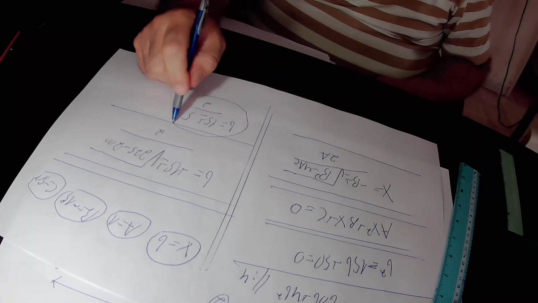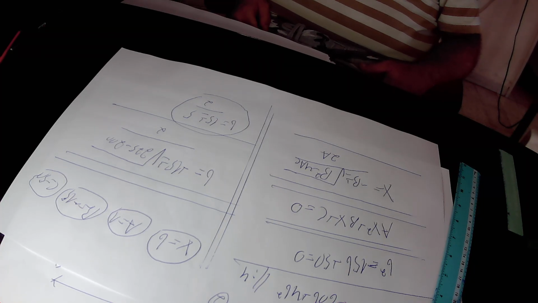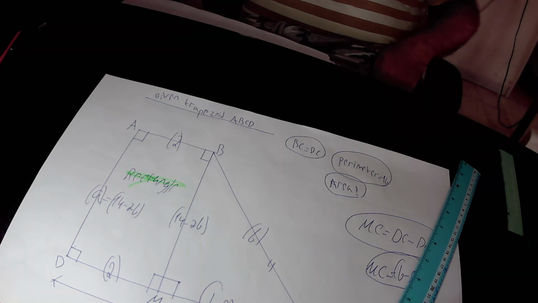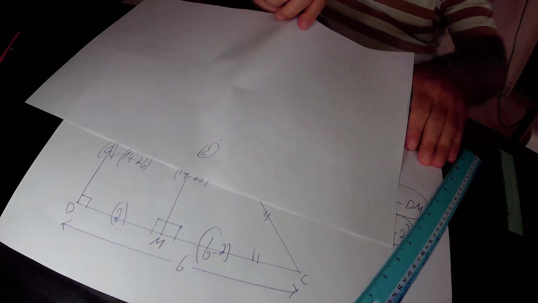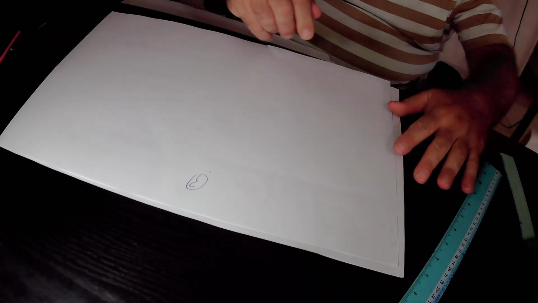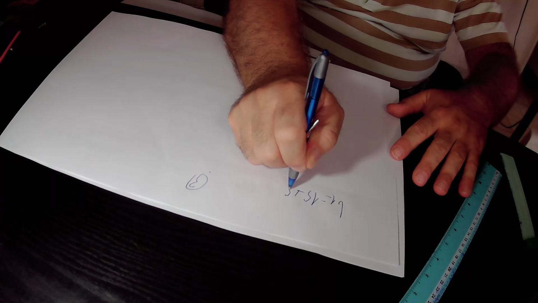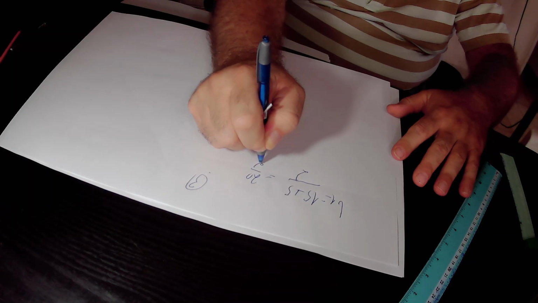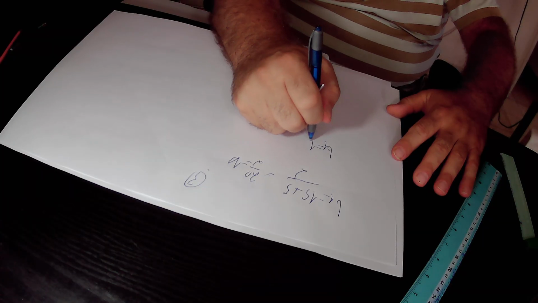So here we have two solutions that are possible for B. We define the first solution for B as B1, and the second solution as B2. B1 equals 15 plus 5 over 2. 15 plus 5 is 20, and 20 over 2 is 10. So the first solution for B, B1, equals 10.